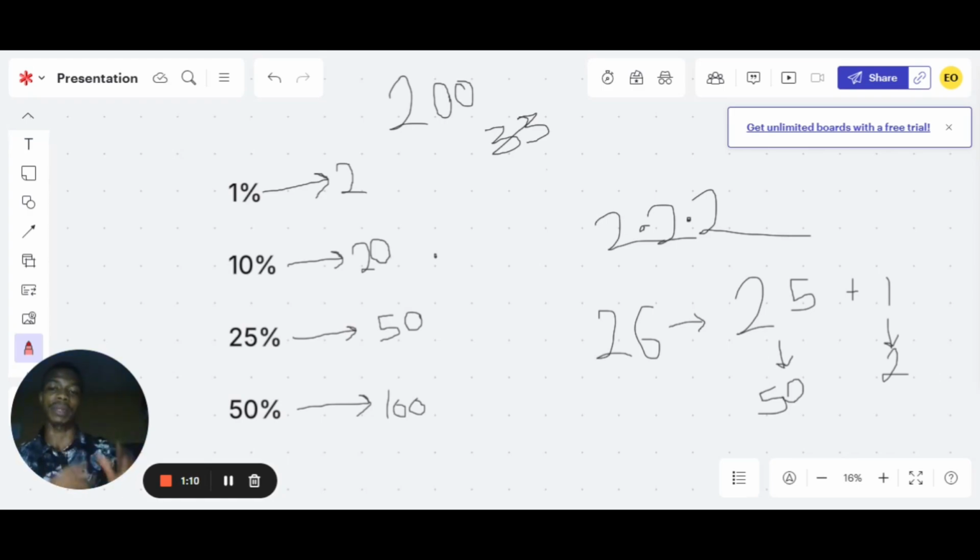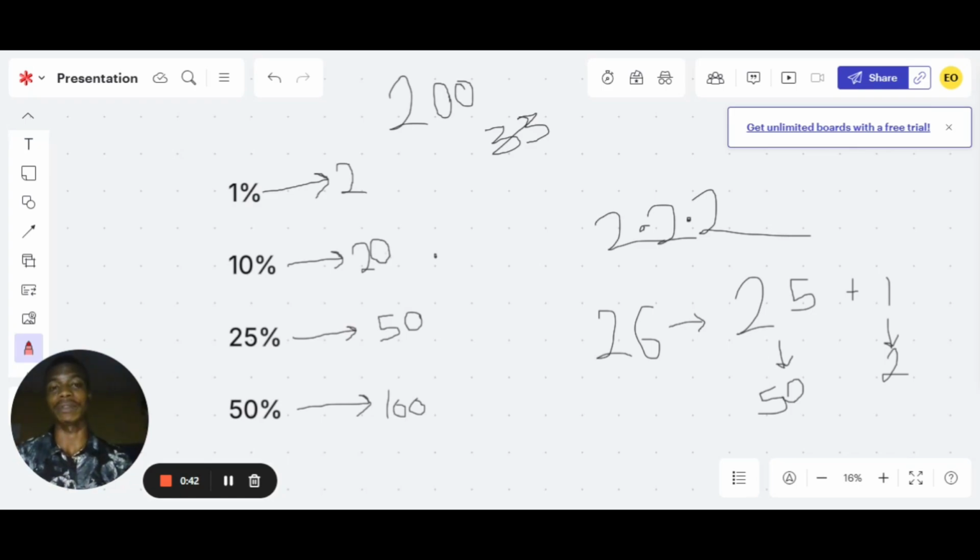So you find 10%, which is 20. 10% plus 10% plus 10% is going to be 20 plus 20 plus 20, which is 60. 1% plus 1% plus 1% is going to be 2 plus 2 plus 2, which is 6. 60 plus 6 is 66. So 33% of 200 is going to be 66. So by using this simple addition method, you will easily find percentage calculations.